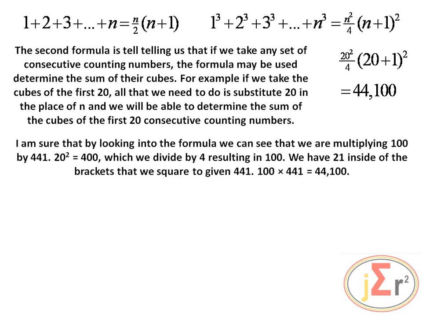We have 21 inside of the brackets that we square to give 441. So 100 multiplied by 441 is 44,100. And what we have just done in that little short line is show you how we may arrive at the values without using a calculator.